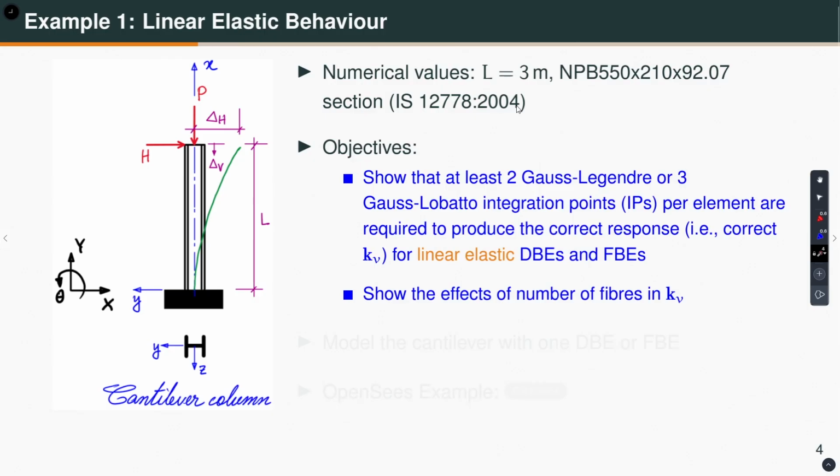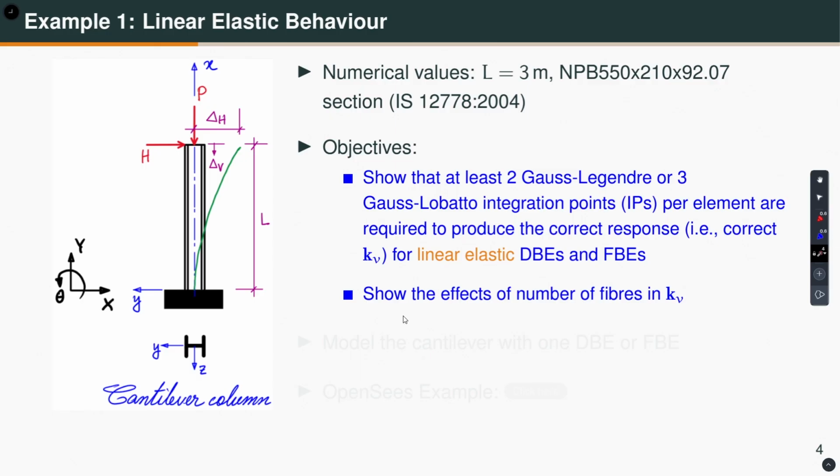The objective for this example, when we are interested in the linear elastic behavior, is to show that at least 2 Gauss-Legendre or 3 Gauss-Lobatto integration points per element are required to produce the correct response. That means the correct stiffness matrix in the basic or deformation coordinates, for linear elastic displacement based elements as well as force based elements.